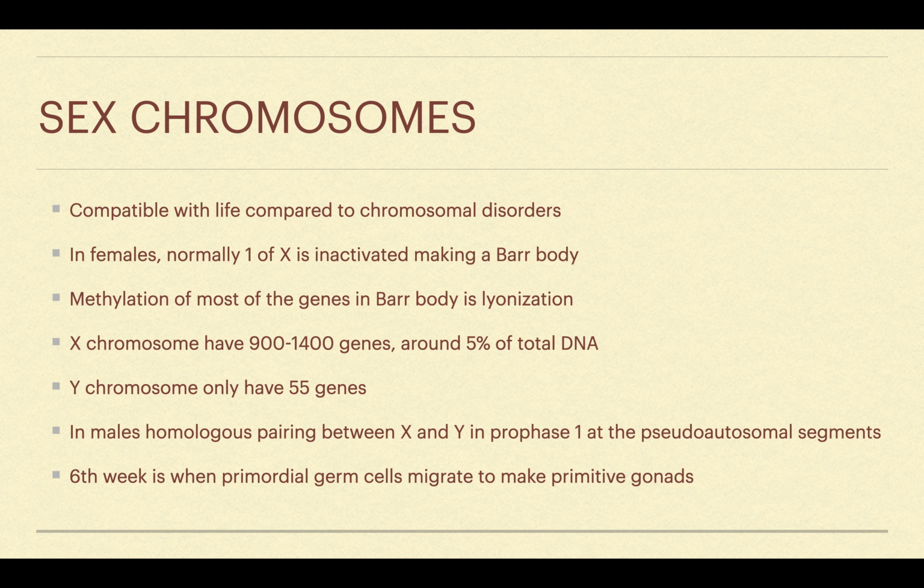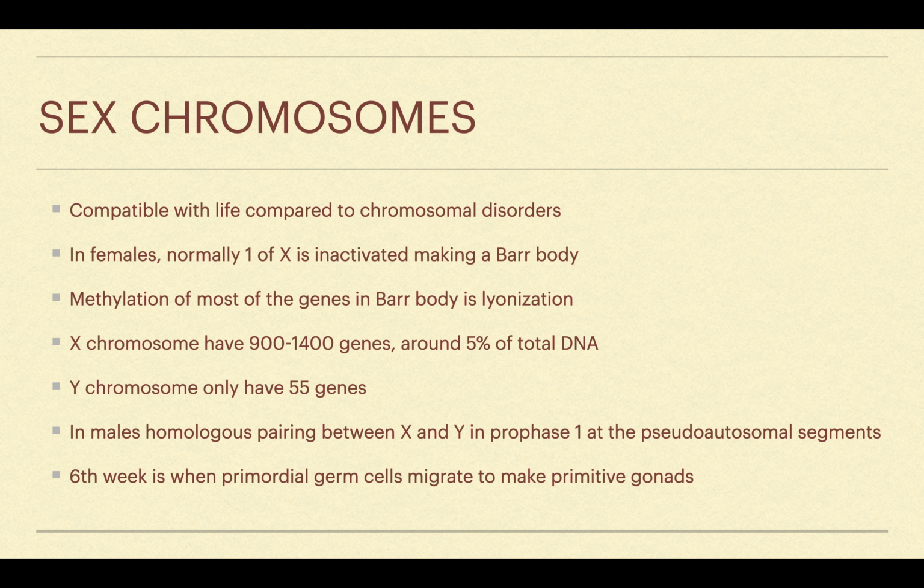Okay, so we know the sex chromosomes are X and Y, and disorders of the sex chromosomes are going to be more compatible with life compared to the autosomal disorders, like aneuploidy or triploidy of the entire genetic spectrum.